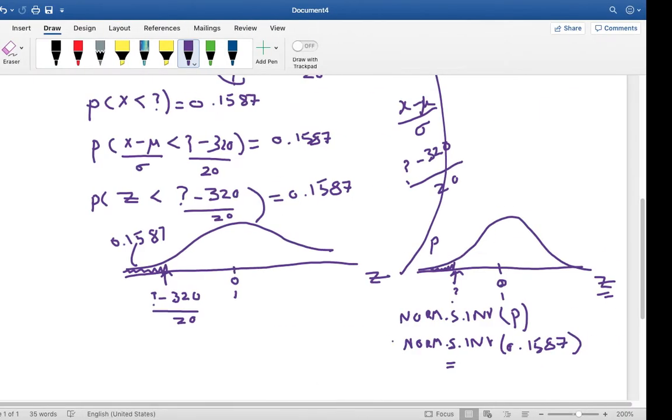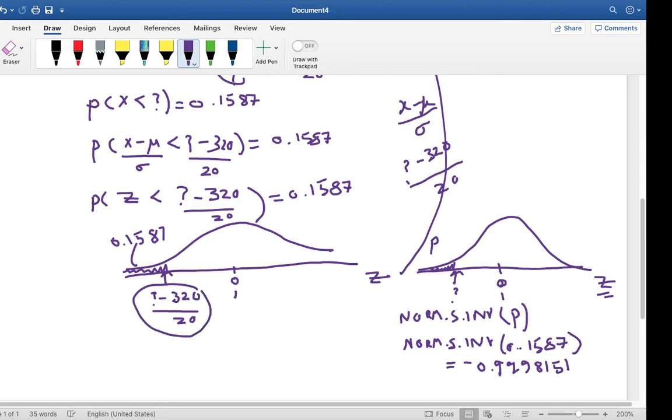So it's going to be negative 0.9998151. These are basically identical. So here, when the area up here is 0.1587, I have this value.